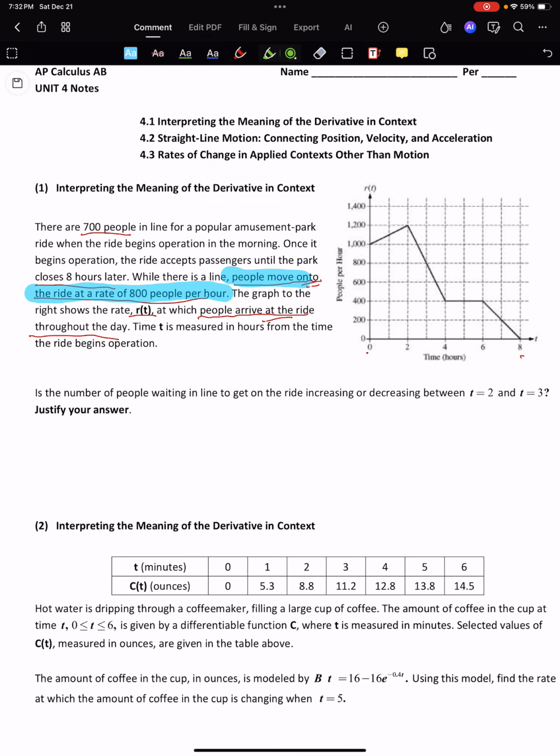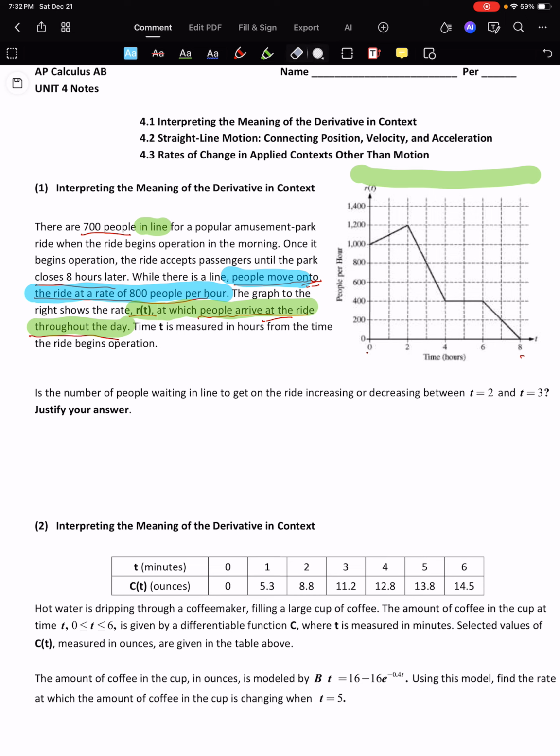But this graph represents the rate at which people arrive at the ride, not on the ride. Remember at the beginning they told us in line, so we'd assume that they're arriving in line, right? Because if you've ever been to an amusement park and you arrive at the ride, there's a line. It's different from getting on the ride.